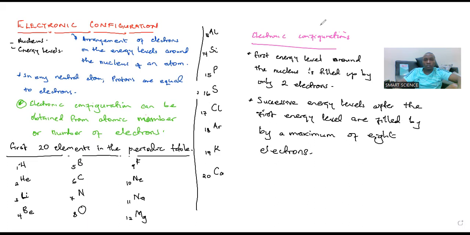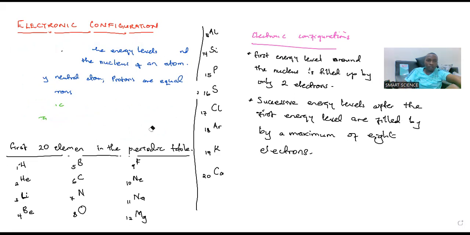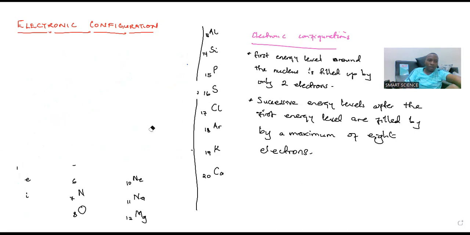So when we start trying to come up with the electron configurations of these first 20 elements, such that we can be very clear on what we want to mean, I will try to represent my write-up with drawings to show you the typical arrangement of these electrons, such that we are very, very clear.